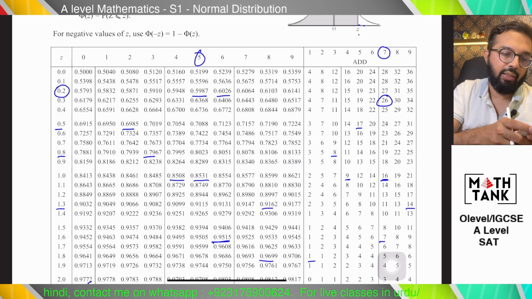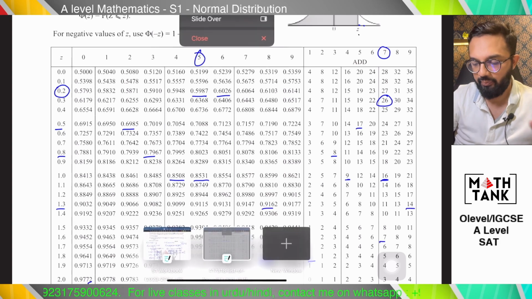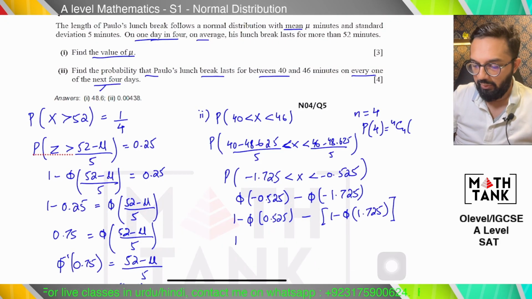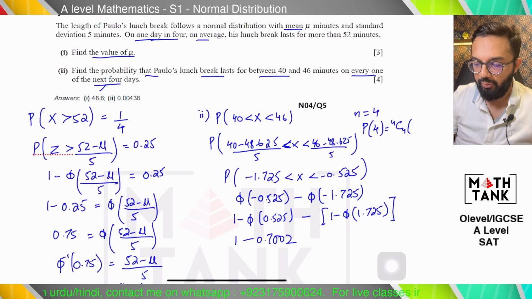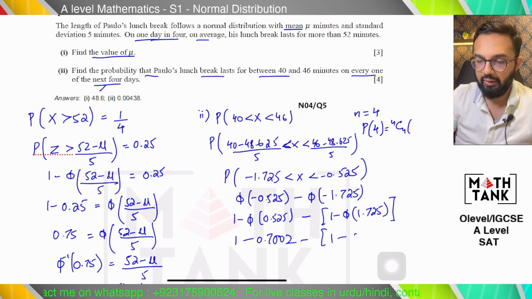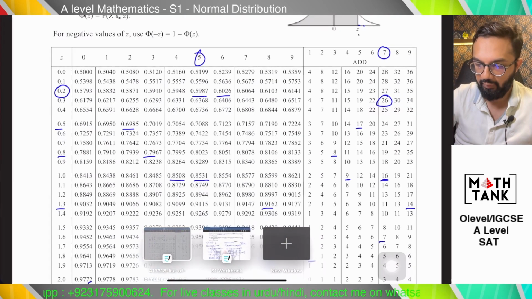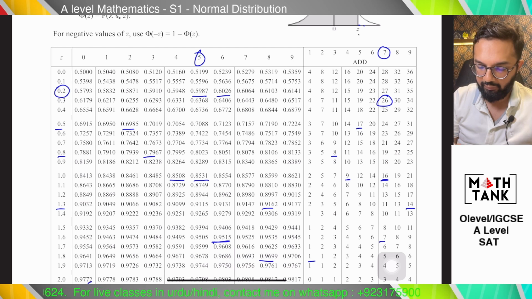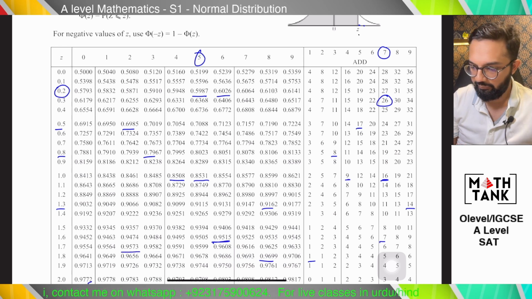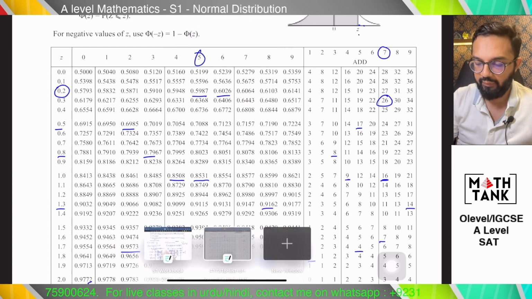I'll have to do that on my calculator. 0.7002. 1 minus 0.7002 minus bracket 1 minus 1.725. 1.725 is 0.9577, I think.